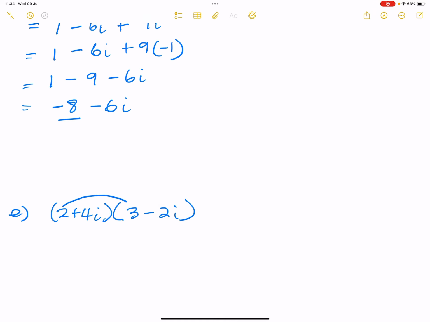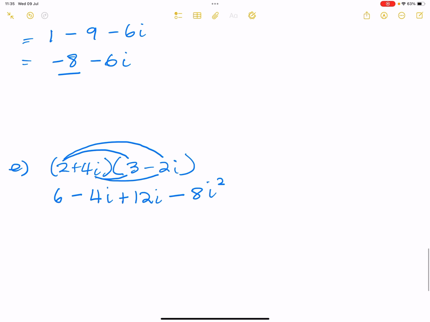So that's 2 multiplied by 3, which is 6. That's 2 times negative 2i, that's negative 4i. That's 4i times 3, that's going to be 12i. And finally, you've got 4i times negative 2i. That's going to be negative 8i squared.